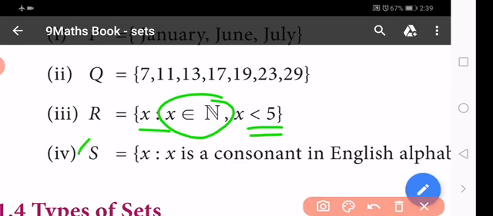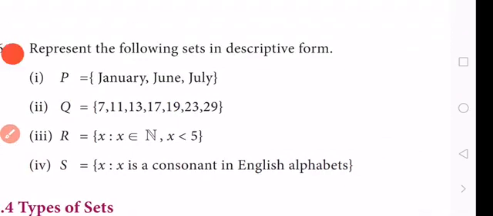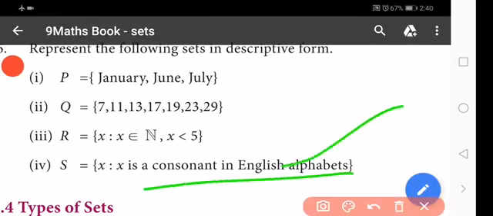And the fourth one, it is also in set builder form, the set of all consonants in the English alphabet. We write any one: the set of all English consonants, or the set of all consonants in the English alphabet. They can write full words, full sentences, there is no problem. Okay students, do you have any doubts?